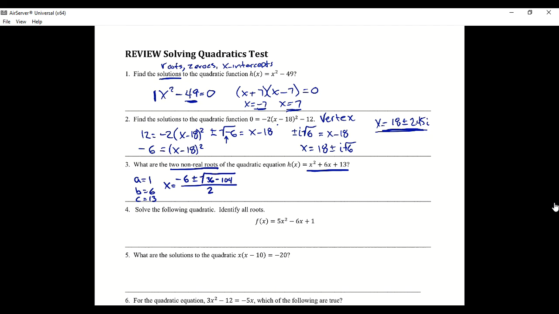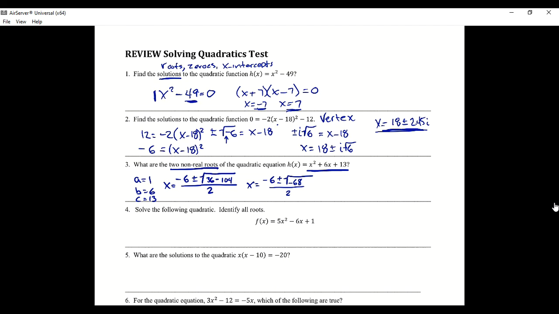So let's go ahead and simplify this a little more. x equals -6 plus or minus the square root of 36 minus 104. That's -68.